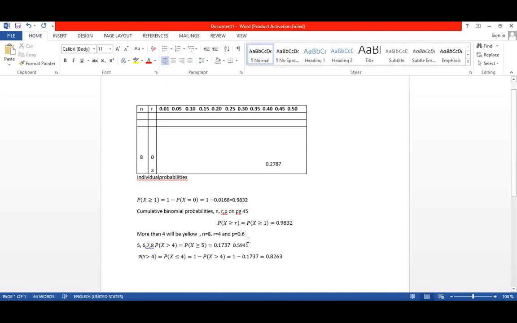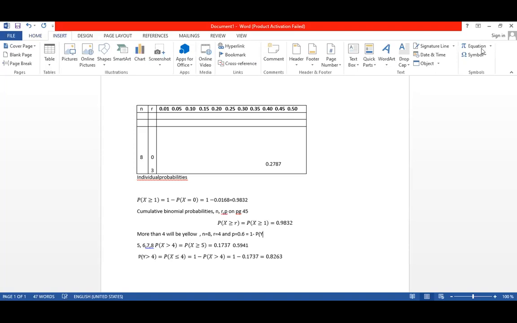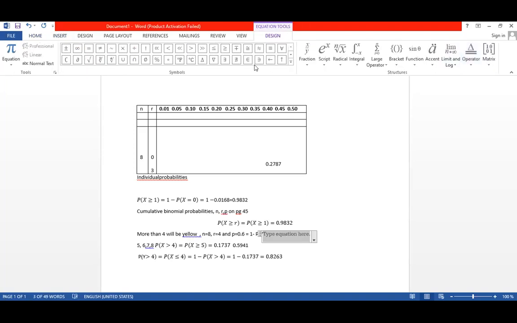So you did what? Remind me. I don't have more than 4. It would be 1 minus the probability of x less than or equal to 4. Yes, less or equal to 4.